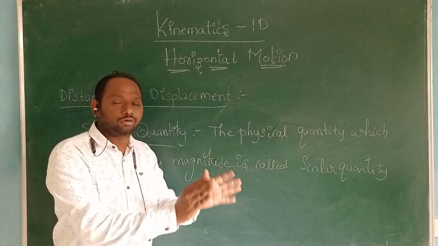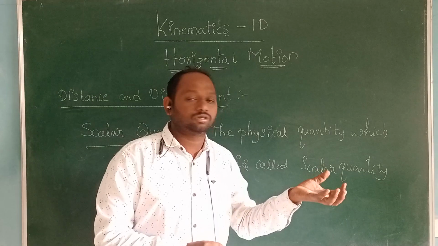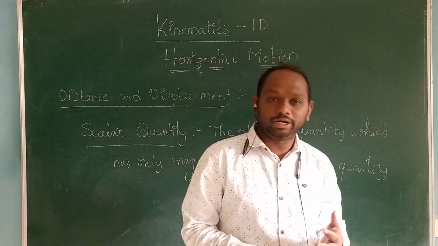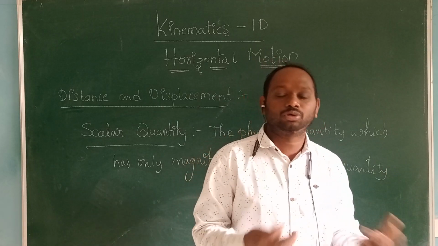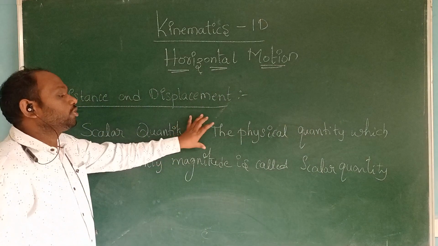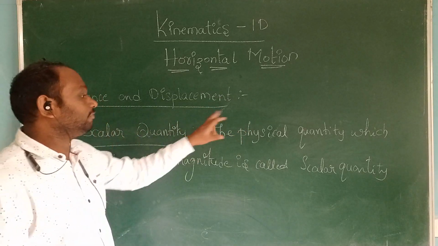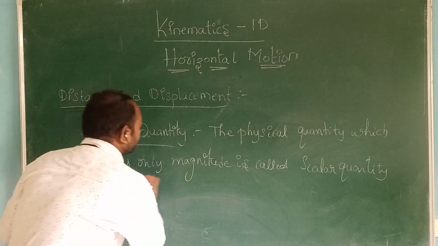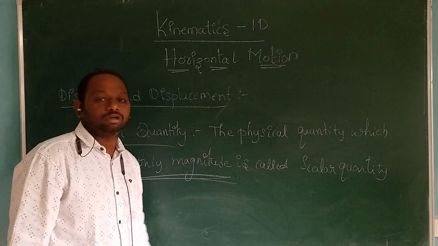At the shops you can ask, give 4 liters oil, give 4 liters water, give 5 liters sugar. You ask only for quantity. That is a scalar quantity: a physical quantity which has only magnitude. This is important: only magnitude, no direction needed.